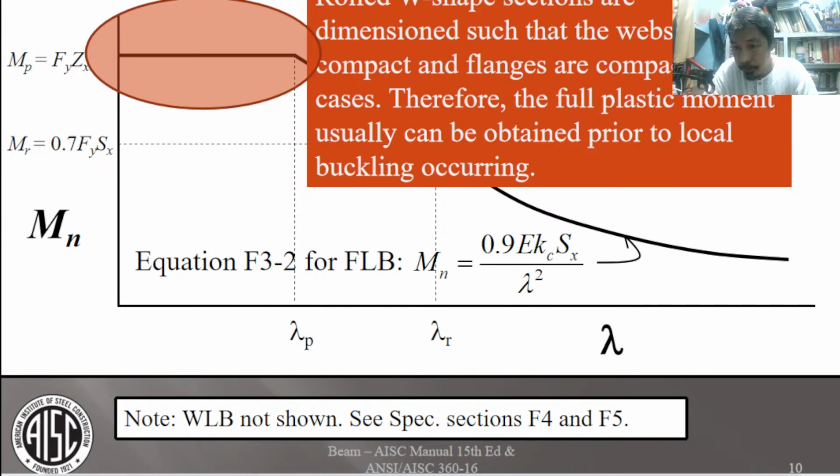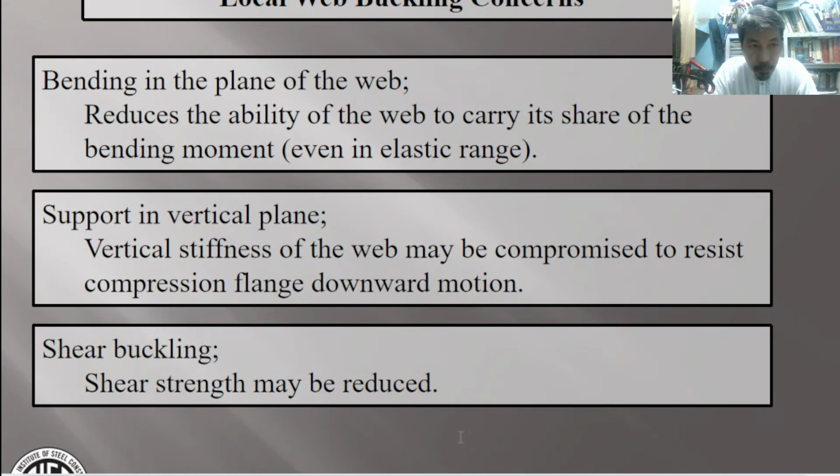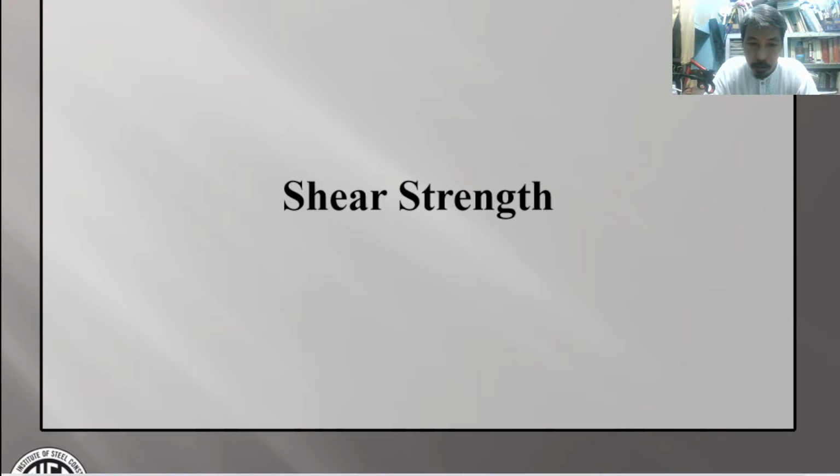The shear failure mode. Let's start again with the theory. The next failure mode, according to strength, is shear. So we are through with yield, flexure, lateral torsional buckling, then local buckling, and now we take a look at shear.